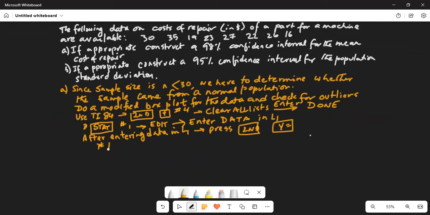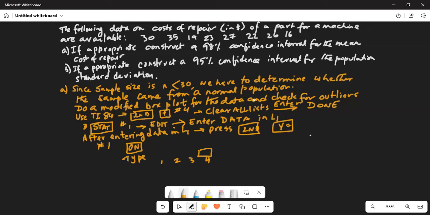The first line, the cursor should be blinking on, and in the second line, type should be on 1, 2, 3, and the fourth type of chart, which is a modified box plot. So bring the cursor in the second line to the fourth type of chart and hit enter so that it's blinking on the fourth type of chart.